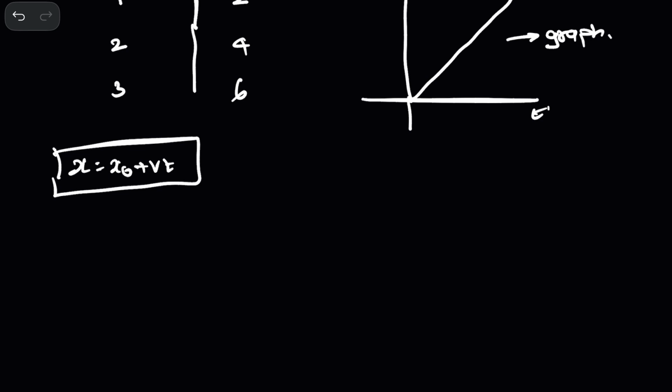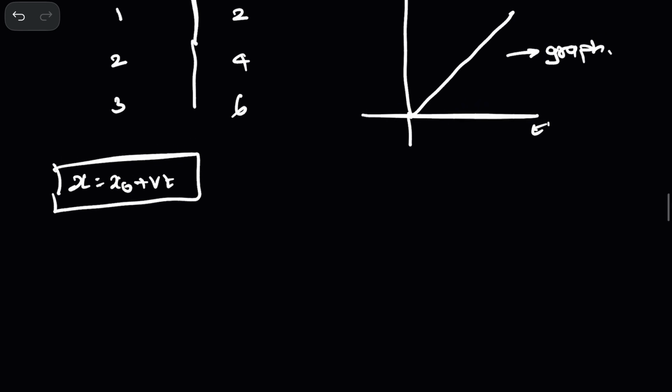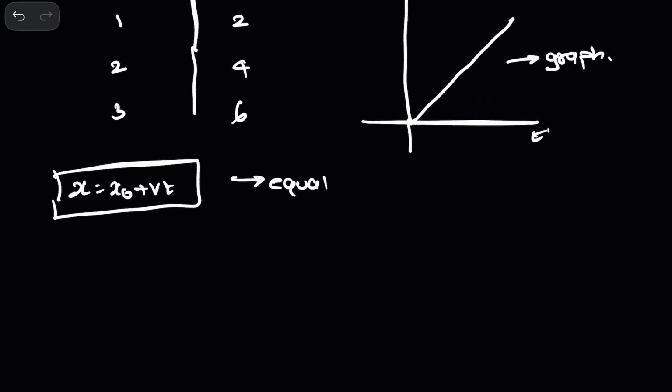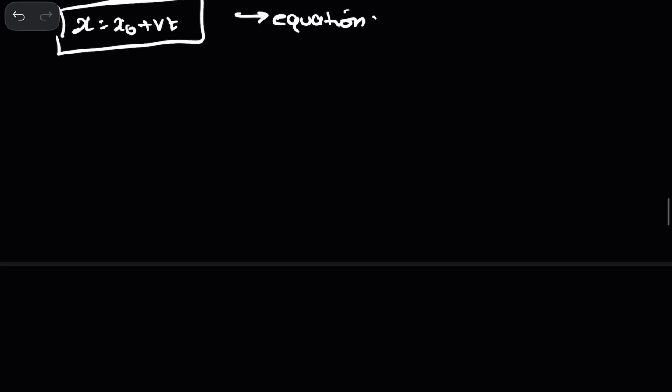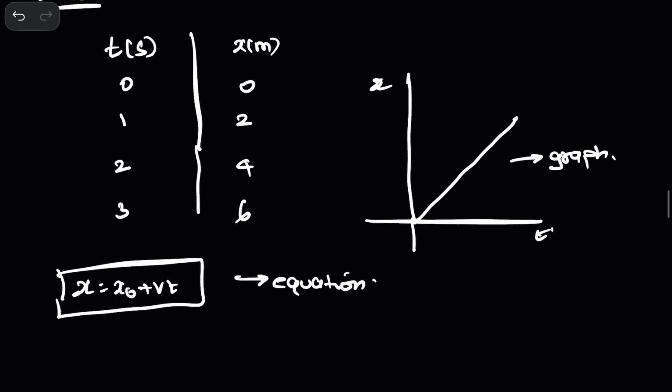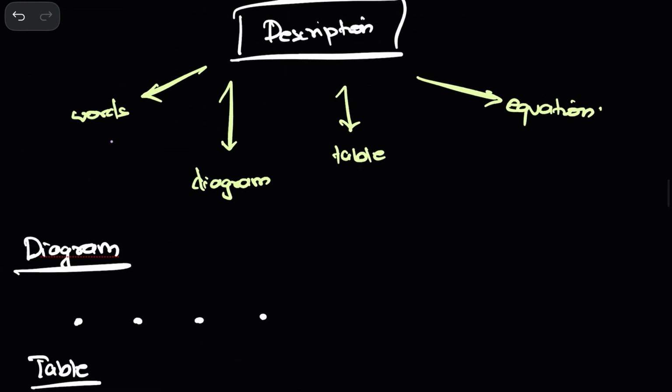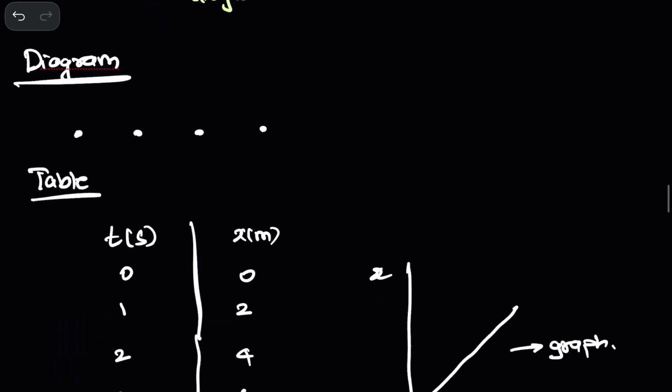These are not separate topics in the deepest sense, but they're all different languages of the same motion. So this would be representing it in an equation. These are different representations of kinematics. You should be able to translate the words into diagrams, tables, equations, and graphs.